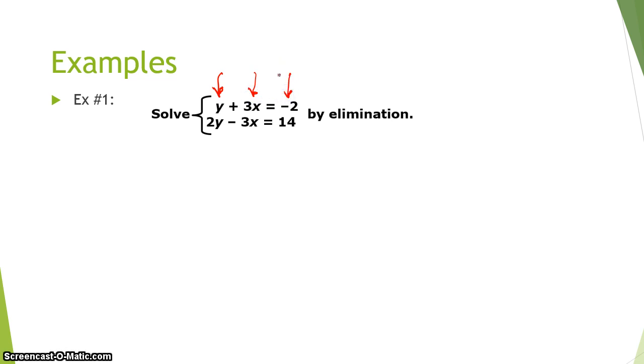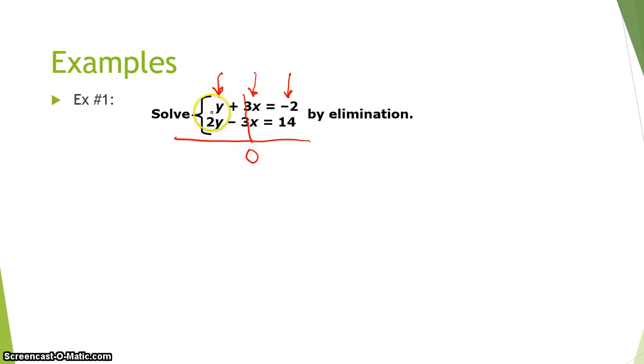So once my variables are aligned, we can look at and eliminate one of the variables. When you're working with elimination, you think of adding the y's together, adding the x's together, and the numbers that stand alone. If I look at my x's here, a positive 3x plus a negative 3x becomes 0.